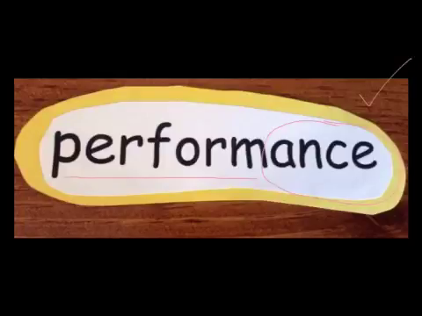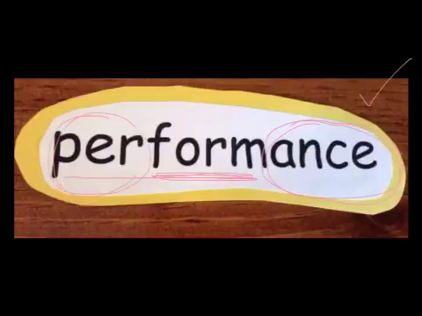But you know what? I'm going to introduce to you that the actual root word, I know that's tricky, is form. The suffix is ance, and the prefix is per. So form means to shape something.